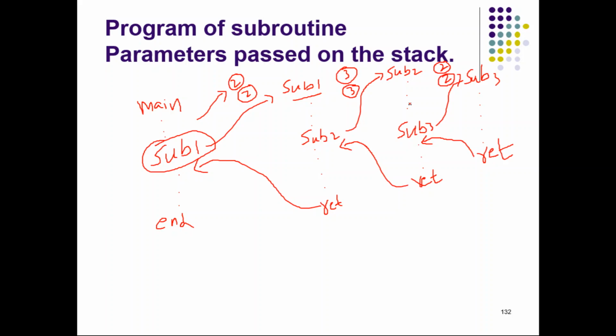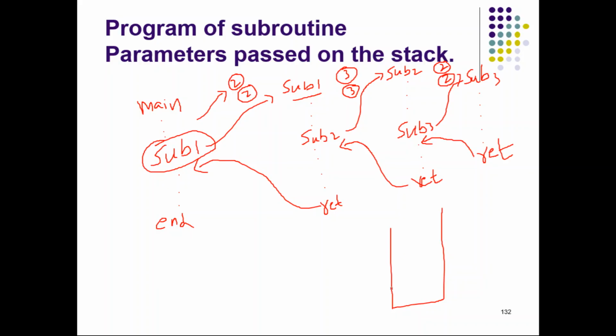Are you getting? As the degree of the nested subroutine call increases, you are going to push more and more entries into the stack. For example, whatever we have understood, the main program is passing 2 parameters to subroutine 1, and subroutine 1 wants to use 2 registers.